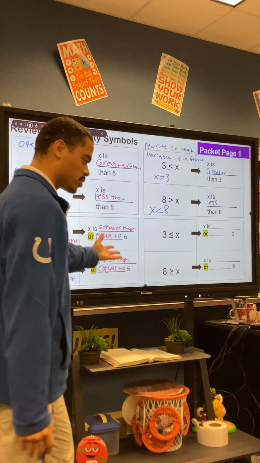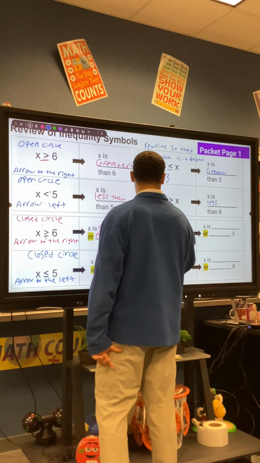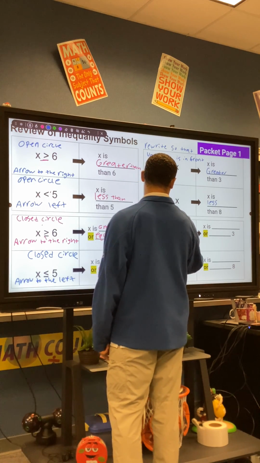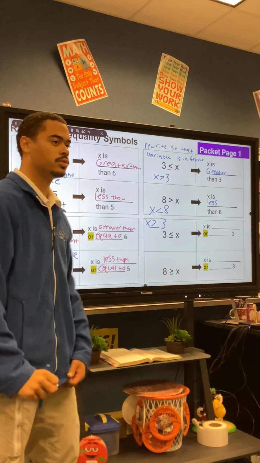So we're going to come back and do this one down here. Write my x first. Greater than or equal to 3.